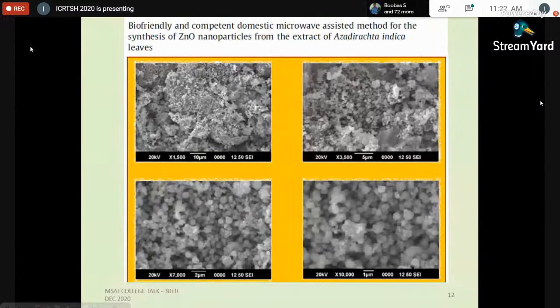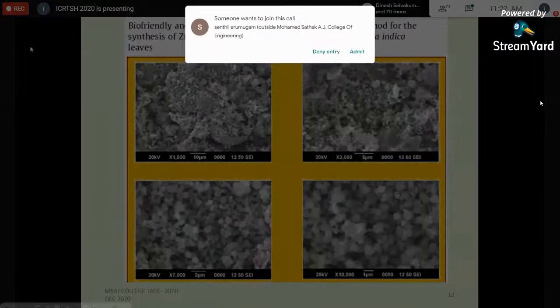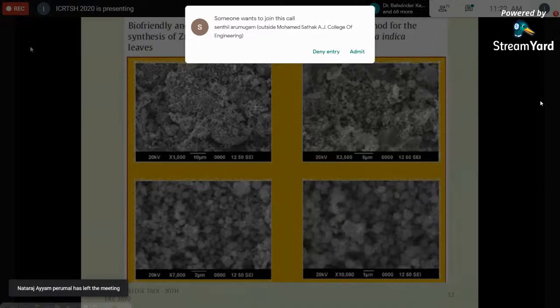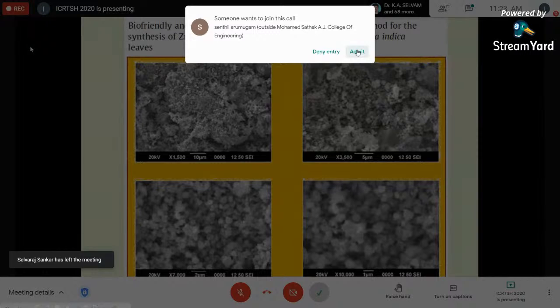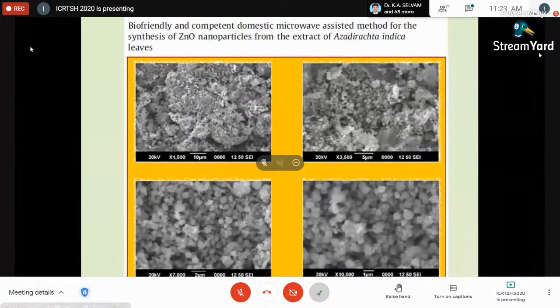So we need surface morphological analysis using SEM, with magnifications of 1500, 3500, 7000 and more than 10,000 times, with scale ranges of 1 micrometer, 10 micrometer, 5 micrometer, using SEM at IIT. A 20 kilovolt supply is set, and if any flaw is present in the material, it can be identified by the change in the picture. If there is no flaw, then we can conclude that the material is pure, especially in crystals.